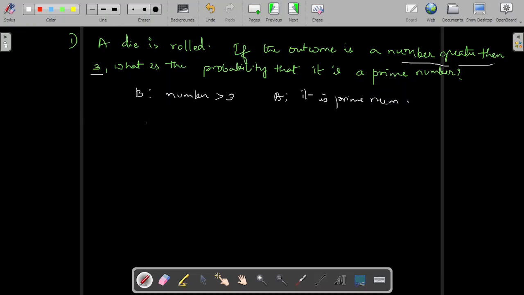Now you have to find the probability of A given that B has occurred. What is the formula? Probability of A given that B has occurred equals P of A intersection B divided by P of B. You just have to change the denominator based on which event has occurred. If B has occurred, then divide by P of B. If A has occurred, then divide by P of A.